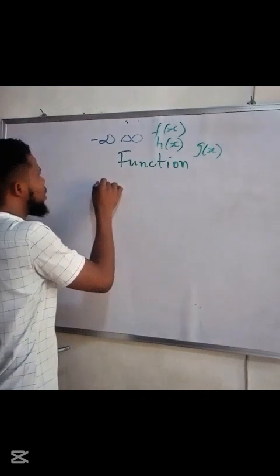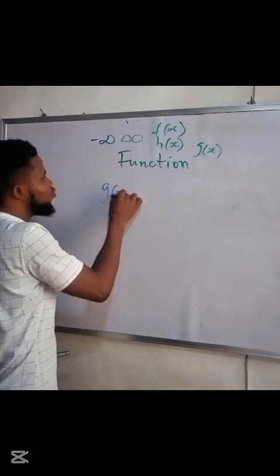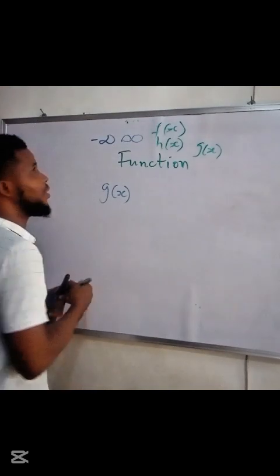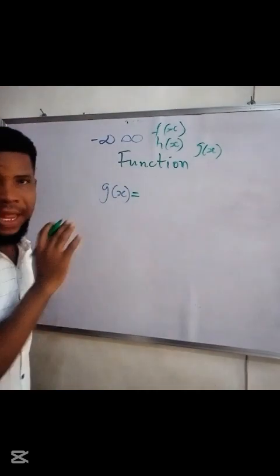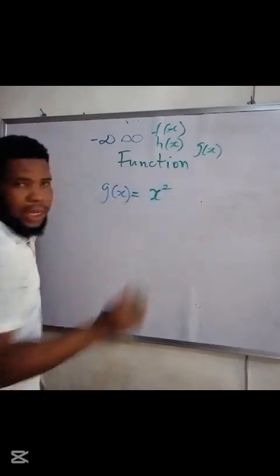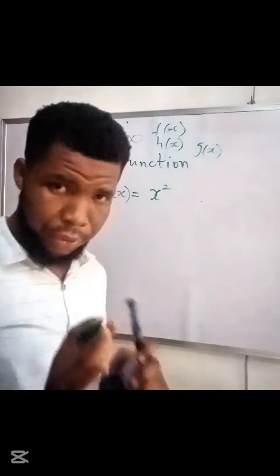So let's use d of s. I hope the board is clear. So we have the function d of s, and d of s is s raised to power 2. That is an exponent function. Can you see that?